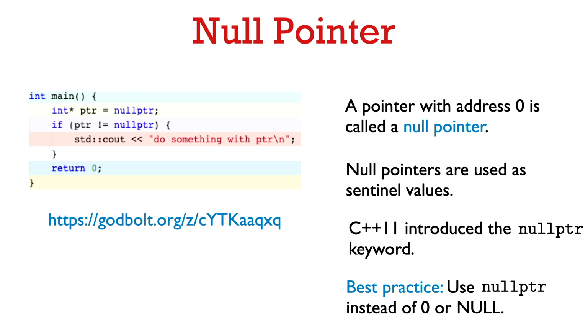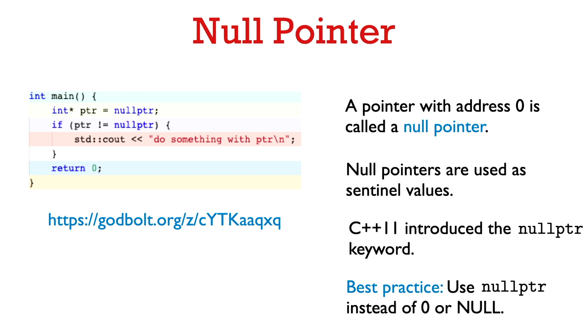In C++11, they introduced a new keyword called nullptr to specifically denote a null pointer. And now it's best practice to use this keyword rather than 0 or NULL when you want to talk about a null pointer.